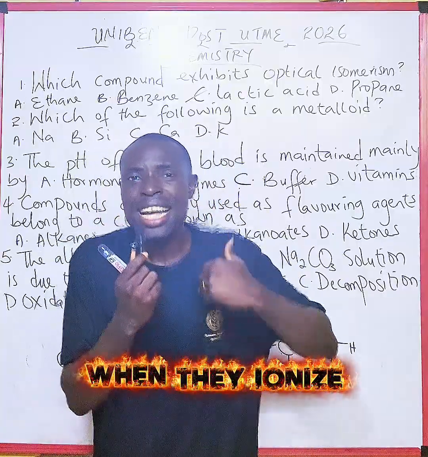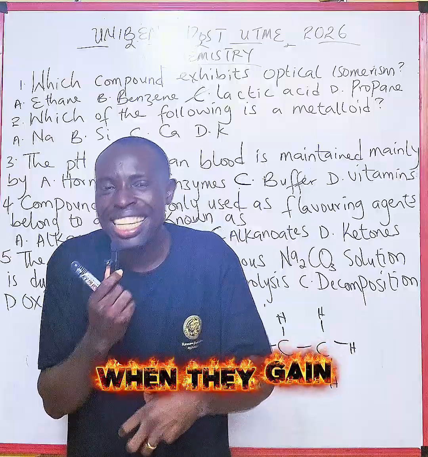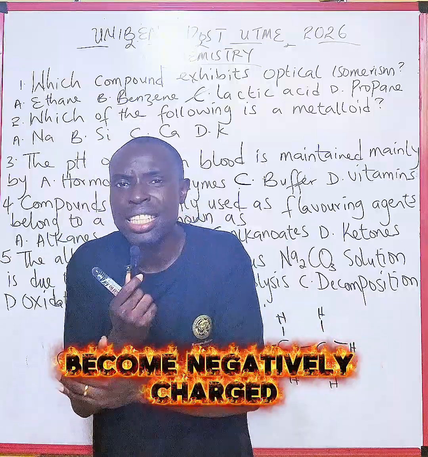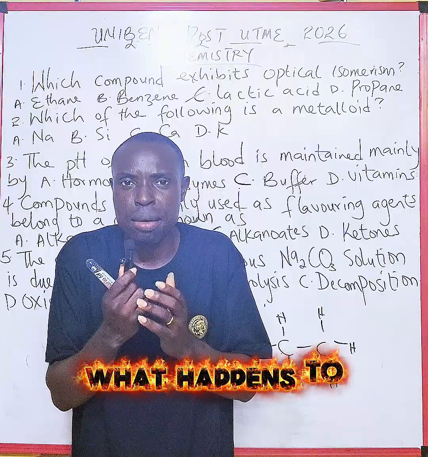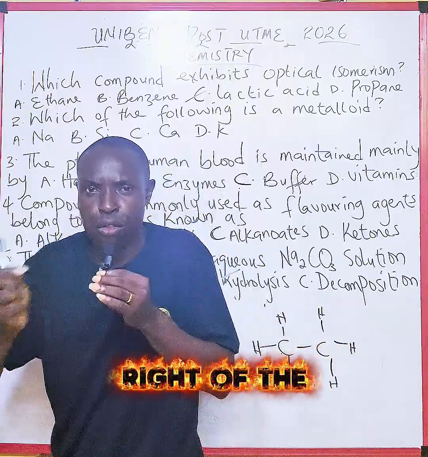Non-metals, when they ionize, gain electrons. When they gain electrons, they become negatively charged, and they are in the far right of the periodic table.